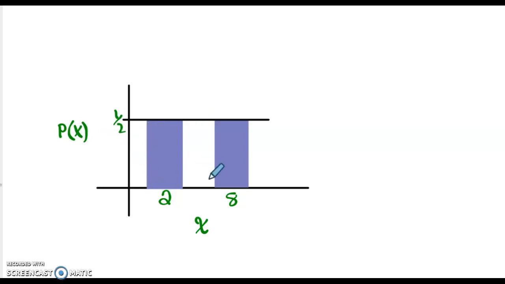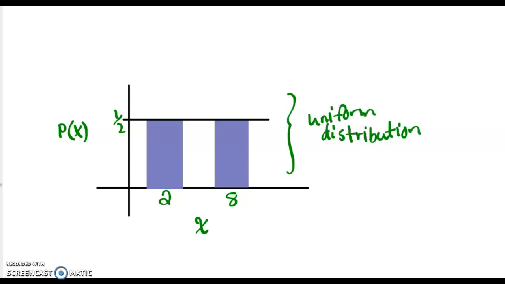When we draw our bars, the bars will all be of equal height because they all have the exact same probability. This is actually what we call a uniform distribution. And we can recognize a uniform distribution when the probability is evenly split amongst all the possibilities.